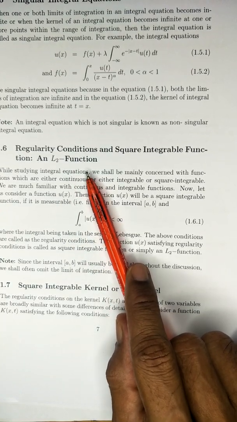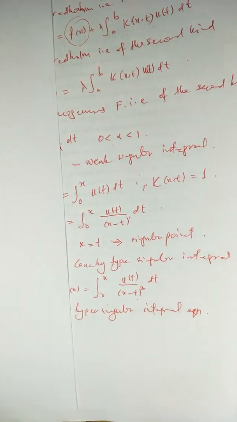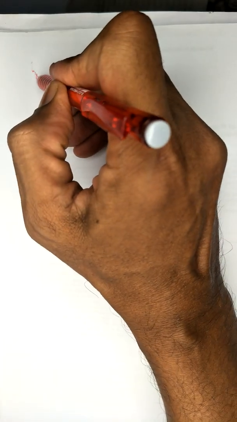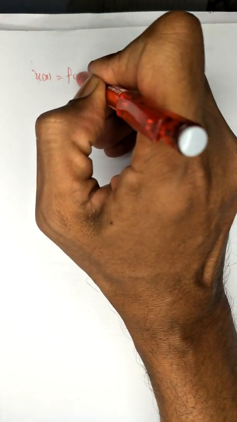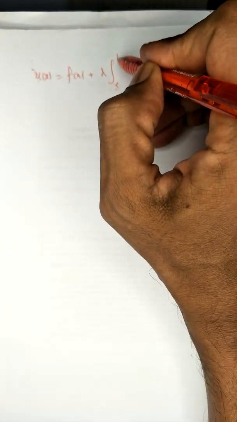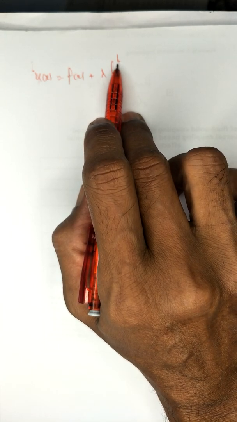So in the general form of the integral equation, we have u(x) equal to f(x) plus lambda times the integral from a to b for the Fredholm. For the Volterra, you just replace b with x.